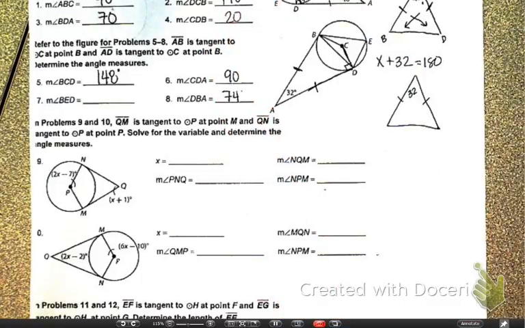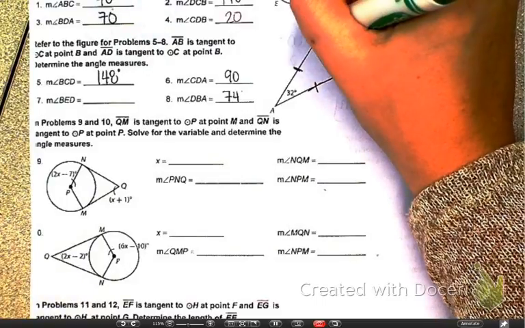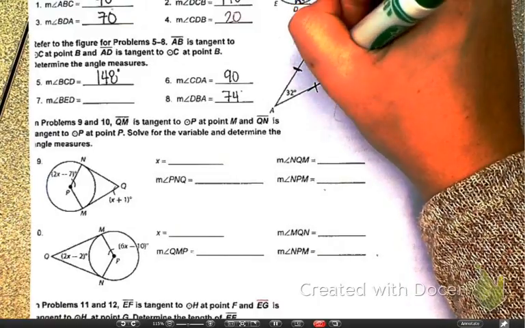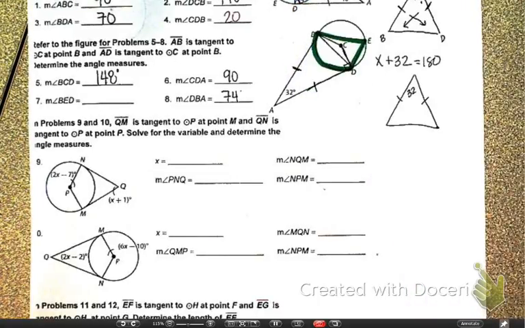All right, so now we need to figure out angle BED. What is angle BED? Like, what's the name of it? An inscribed angle. So I know that this angle is inscribed, and I know it forms this arc. So if I knew what the arc was, I could figure out the angle, right? So what's the arc? Why is it 148, Adrian?